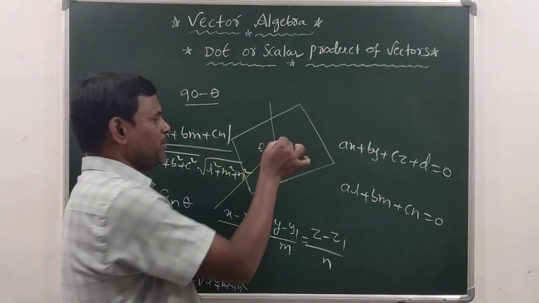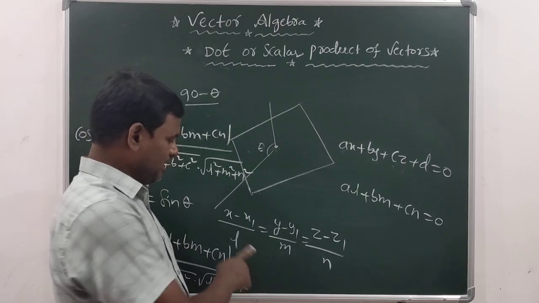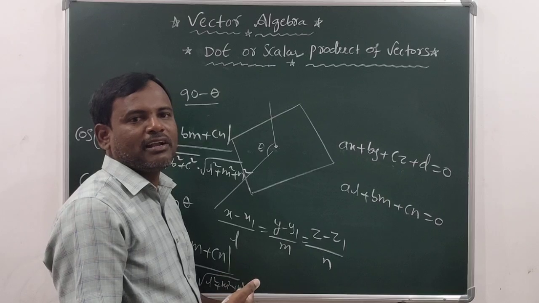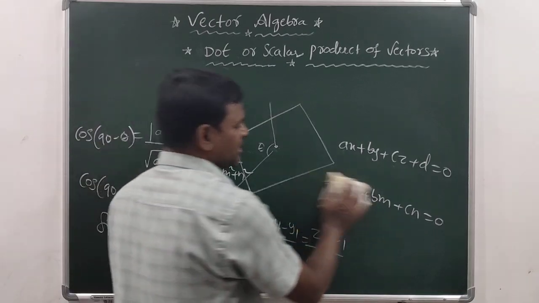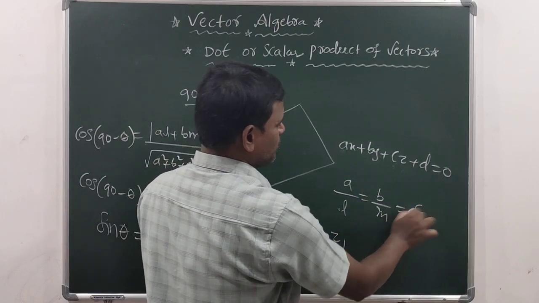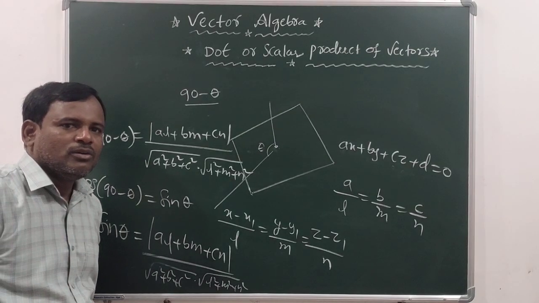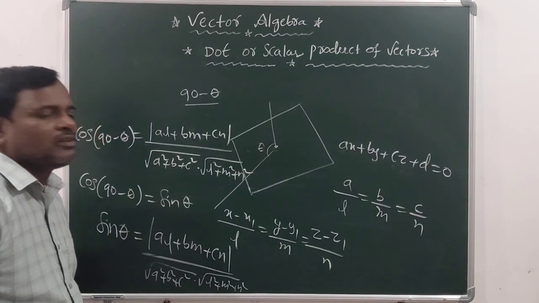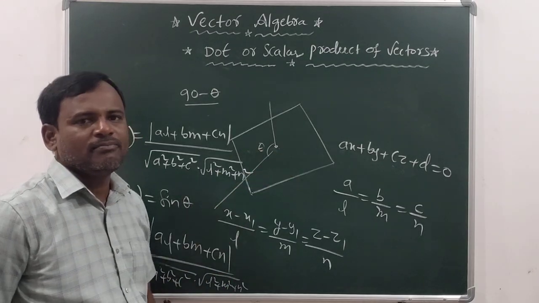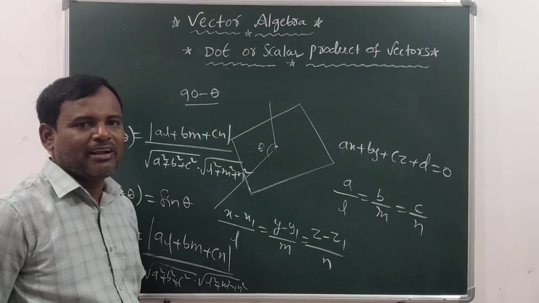Suppose this line is perpendicular to the plane, then line DRs and plane normal DRs will be either parallel or coincident. So in such a case, you will get A by L equals B by M equals C by N. Okay students, whenever the line is perpendicular to the plane, then the line and the normal of this plane both are parallel.